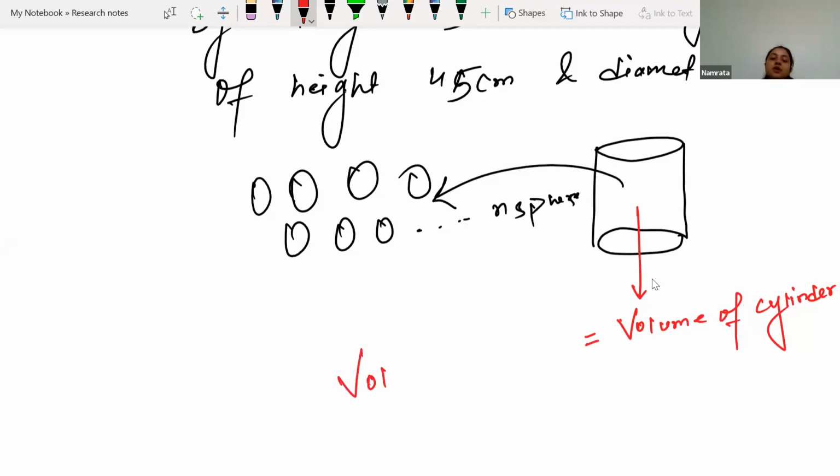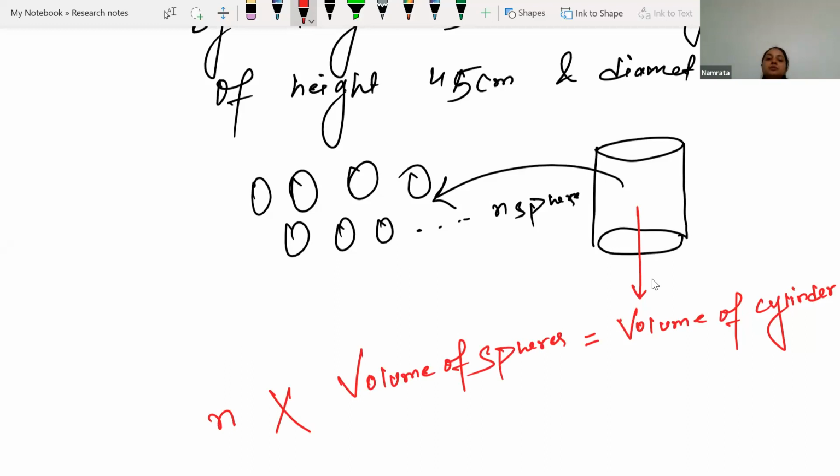That will be used for making the volume of spheres. How many spheres are there? So maybe n spheres are there. Whenever we are having one shape and we are going to recast it into another shape, that means the first shape's volume we are using to make the other shape. First shape's volume will be equal to the other shape's volume.